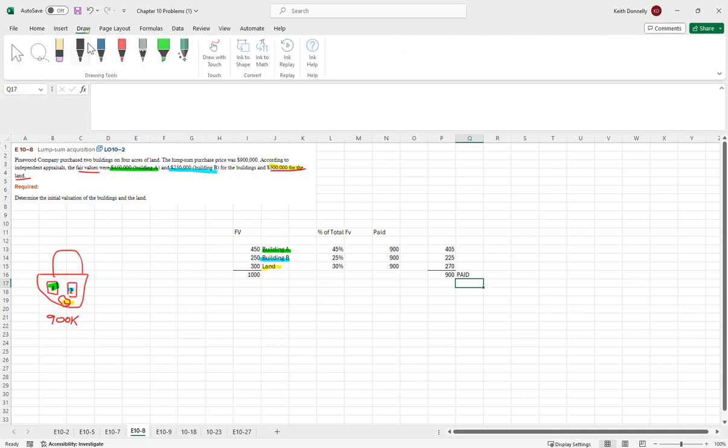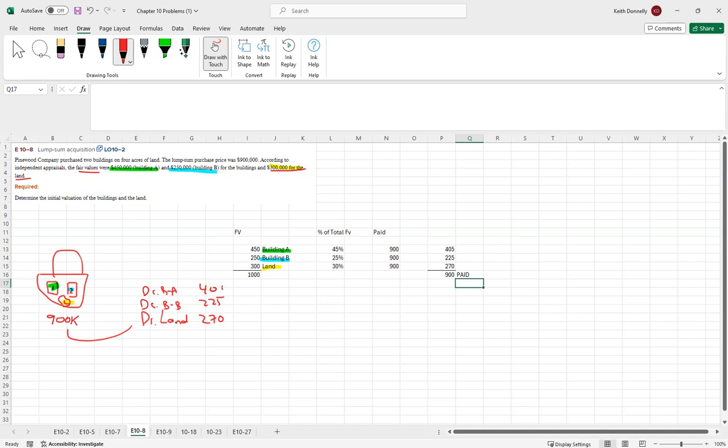So what's the deal on this? If we go back to the original question, we did the basket purchase, we paid 900 grand. You can't just do debit basket purchase. You got to do debit land 270, debit building B for 225, debit building A for 405.